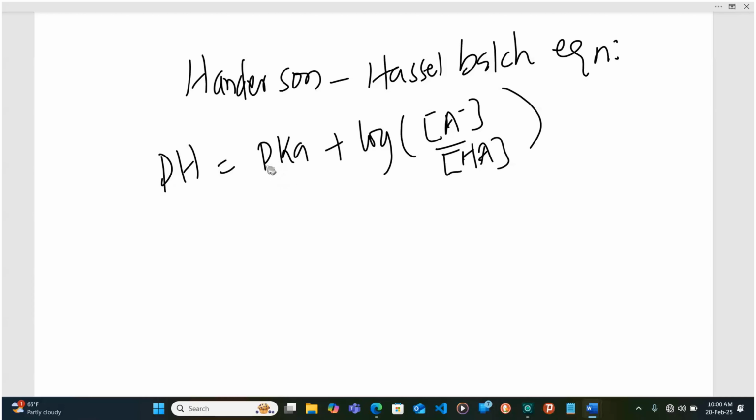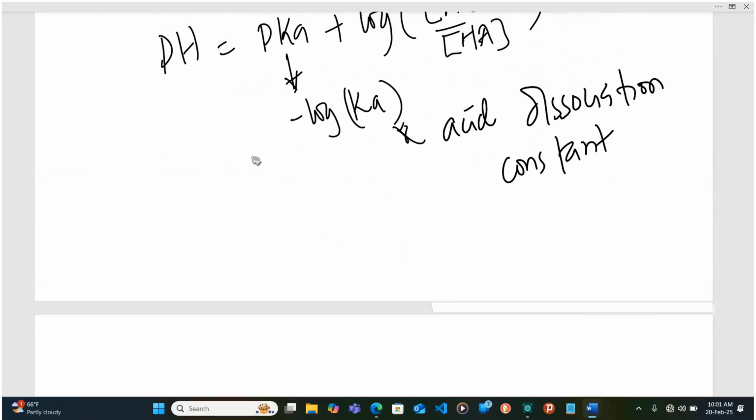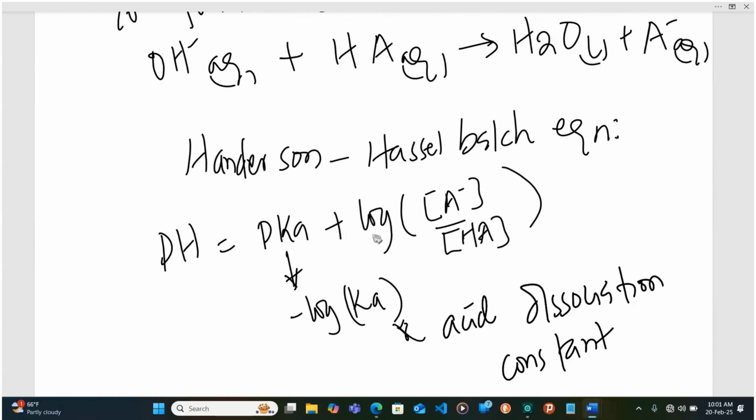Then you already know pKa, which is the same as the negative logarithm of Ka. It is from there that you substitute in here and get your pH. Ka is the acid dissociation constant. So this is for a buffer solution that has been made from a weak acid and its conjugate weak base.